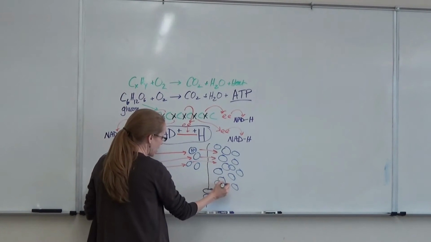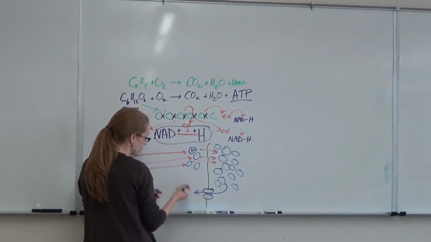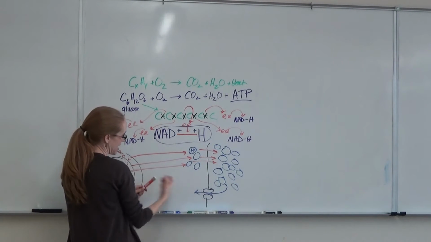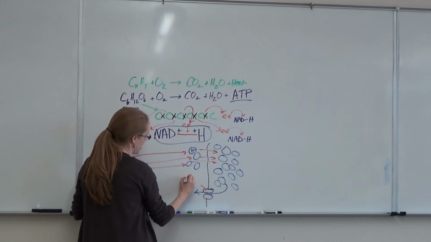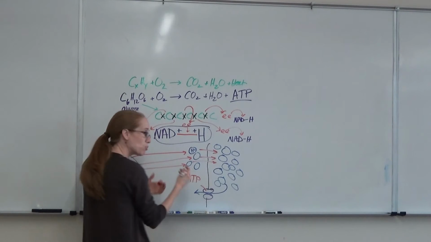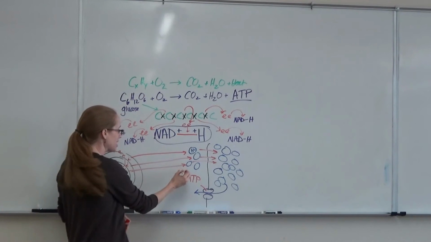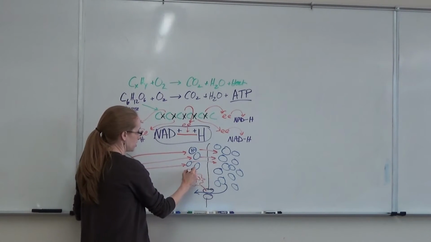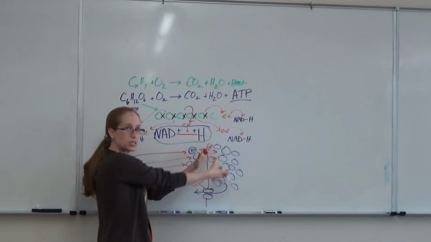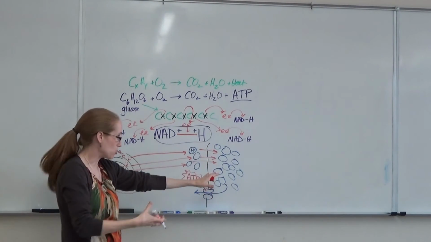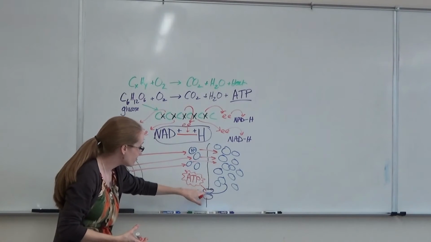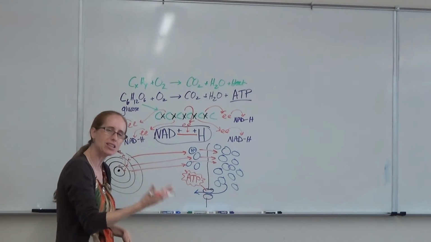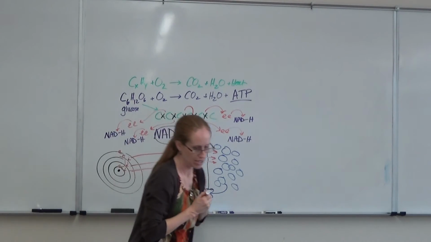So as they go back through, this guy is going to crank out ATP. And we'll talk about how in class, but that's the general idea, that we're using this chemical potential, this electrochemical potential, to drive the functioning of this protein. It's like paying the toll for the protein to make ATP.